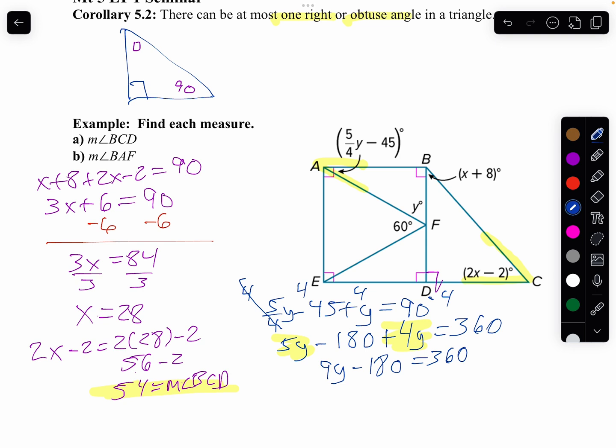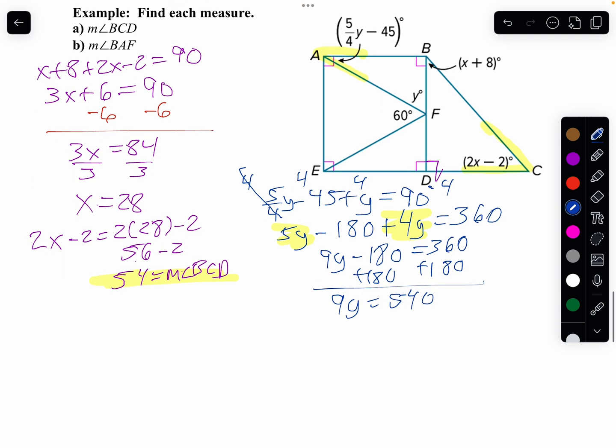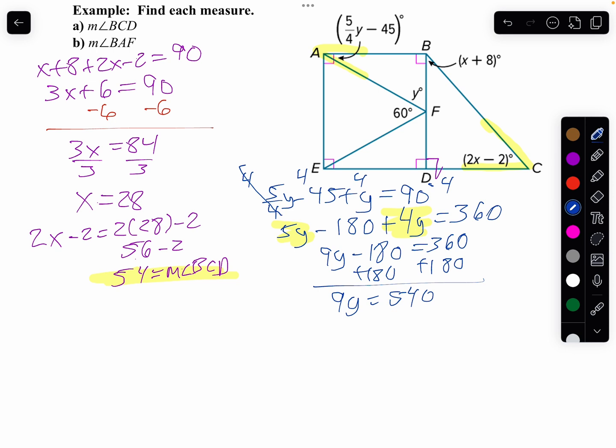And then we're going to end up adding 180 to both sides. So 9y equals 540. The bad thing about getting rid of the fractions is I end up with some bigger numbers, don't I? Divide by 9.